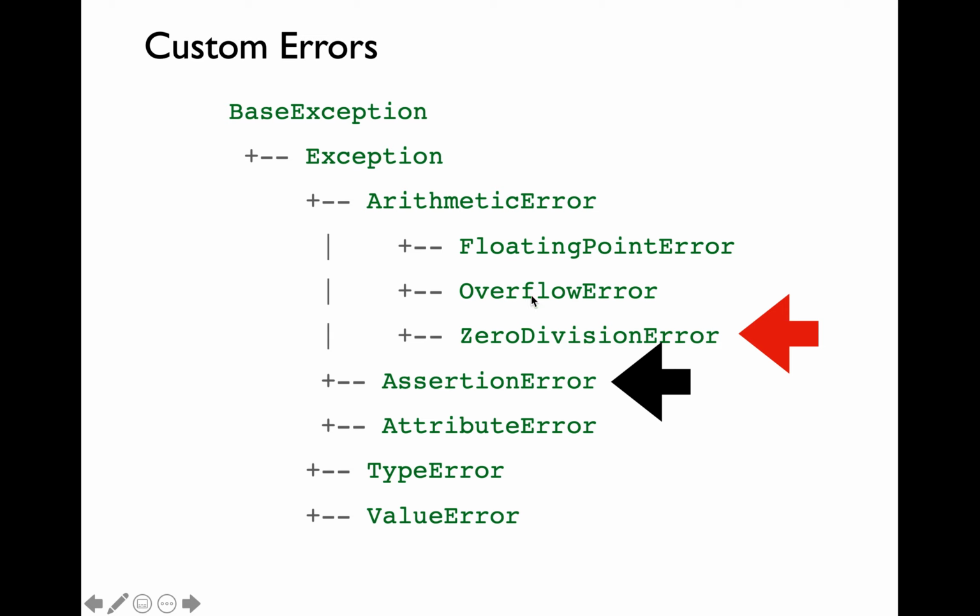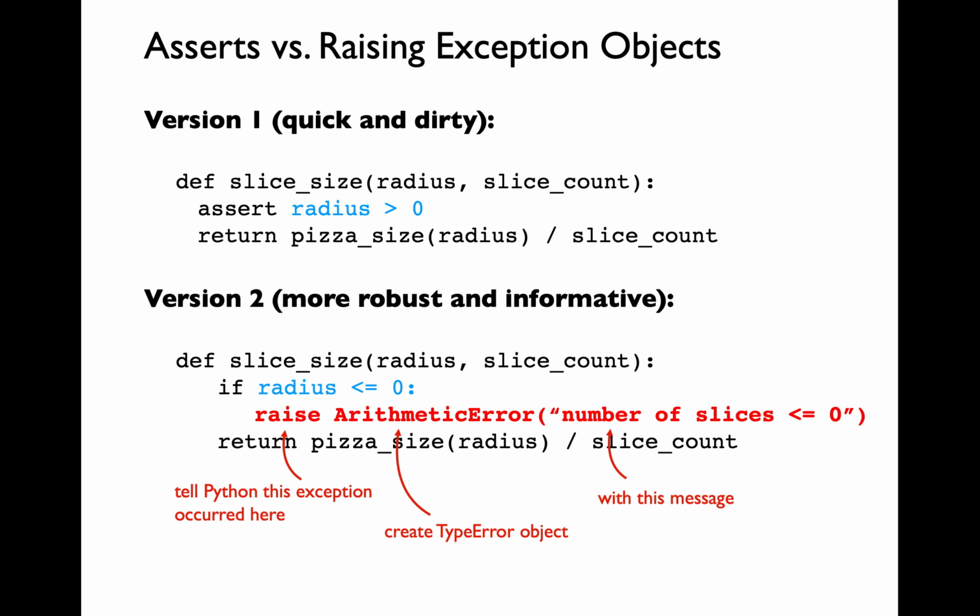Let's say that we want to use ArithmeticError to deal with the semantic errors that we have within pizza.py. We are going to combine the if condition to introduce the same assertion check condition, and we are going to use the raise keyword to raise a new ArithmeticError exception.